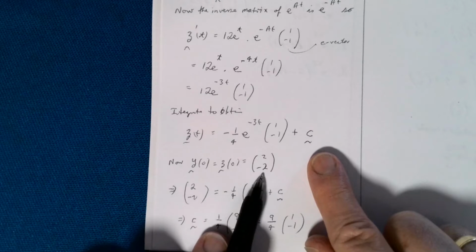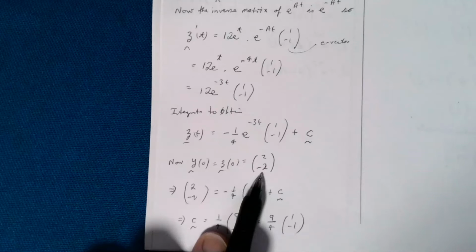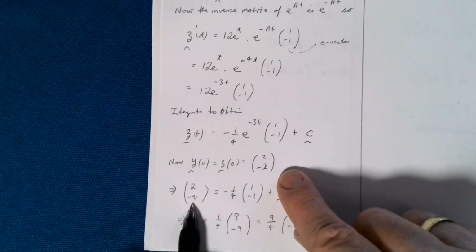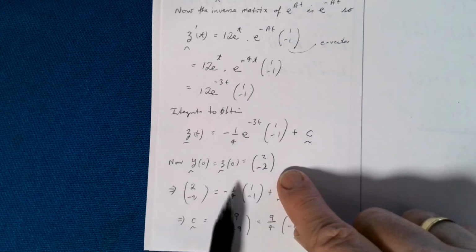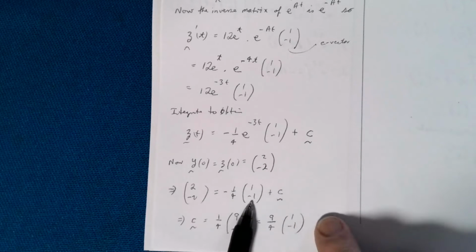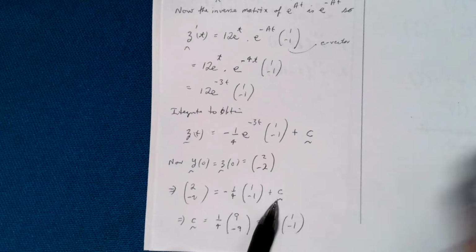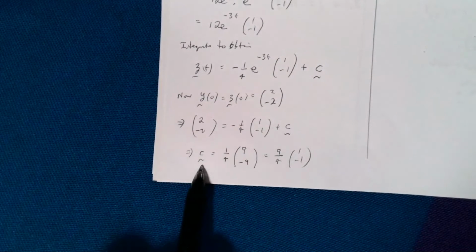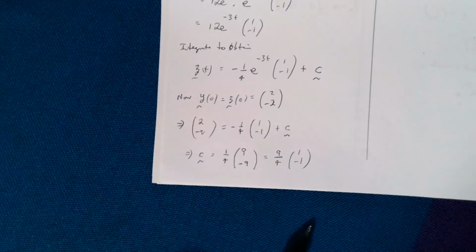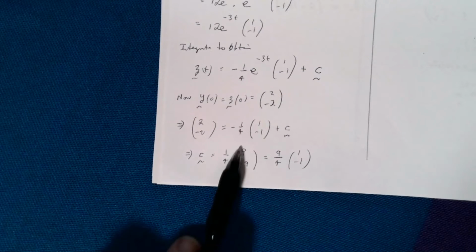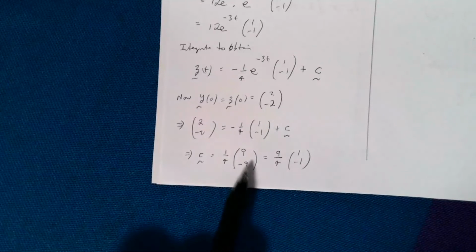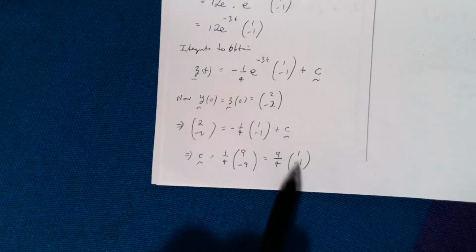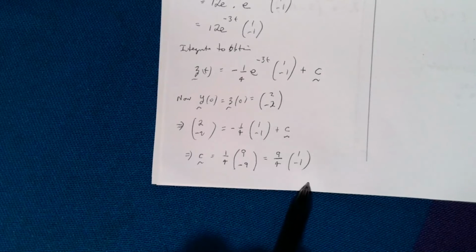That was from the original problem. So we substitute that in here, so we get (2, -2) when I put t as 0. Put t as 0 here, I just get minus a quarter times this vector plus my constant vector, and I can then just subtract. So c is going to be this one minus this one, which turns out to be 1 quarter (9, -9), and I can happily take out the 9 as a common factor, and I get 9 quarters (1, -1). And so there's the constant.